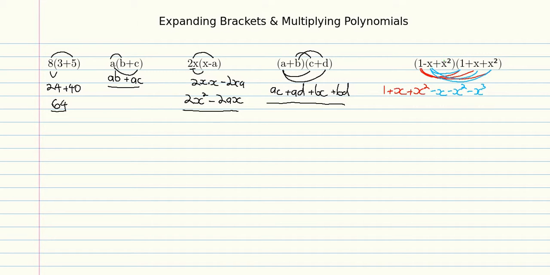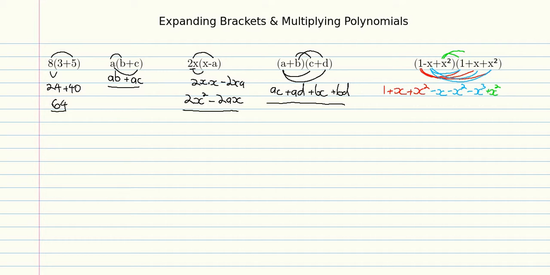And finally, we will multiply everything in the second bracket by positive x squared. So positive x squared times 1 equals positive x squared.